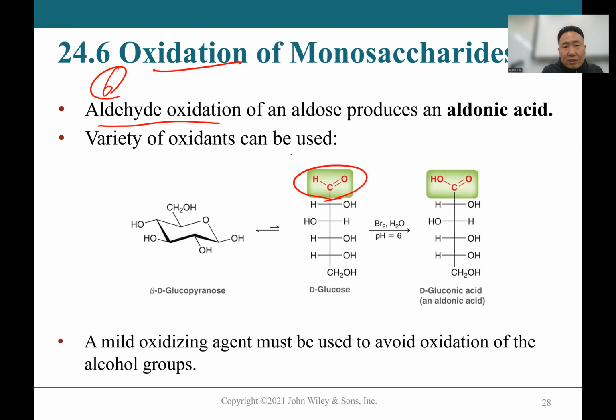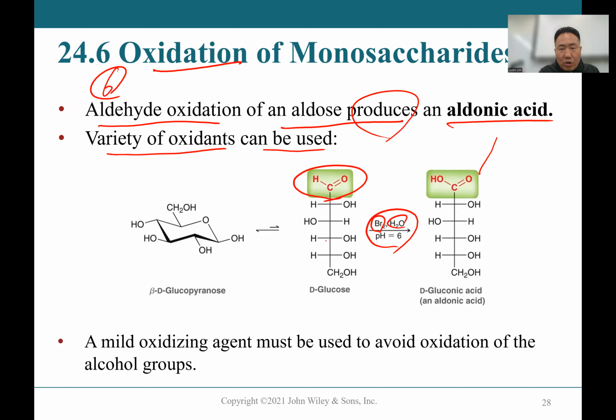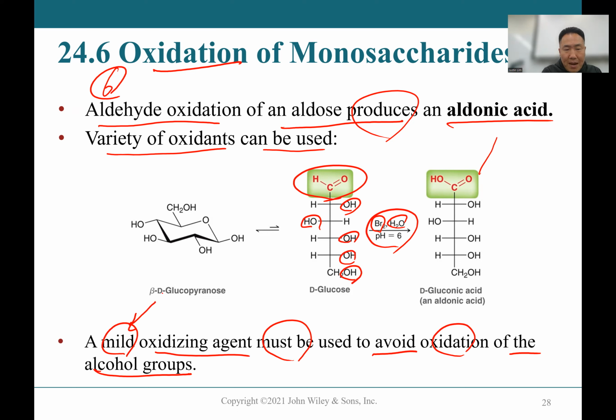Aldehyde oxidation of aldose produces aldonic acid. This is aldonic acid. A variety of oxidants can be used. In this case, we can use bromine and water. So a mild oxidizing reagent must be used to avoid oxidation of the alcohol group. You can see the alcohol groups. We need to use a mild oxidizing agent to generate the carboxylic acid and avoid oxidation of the alcohol group.